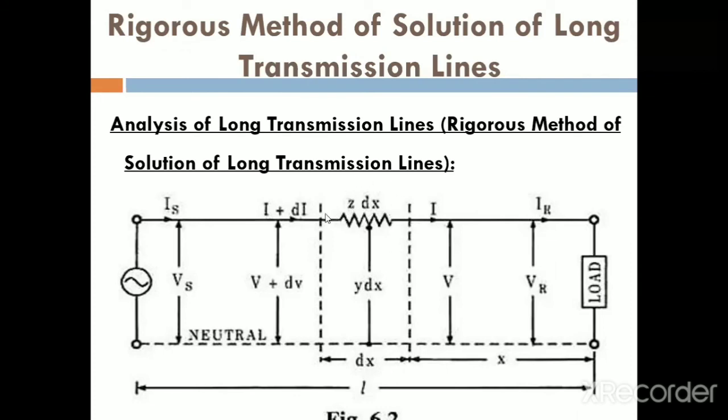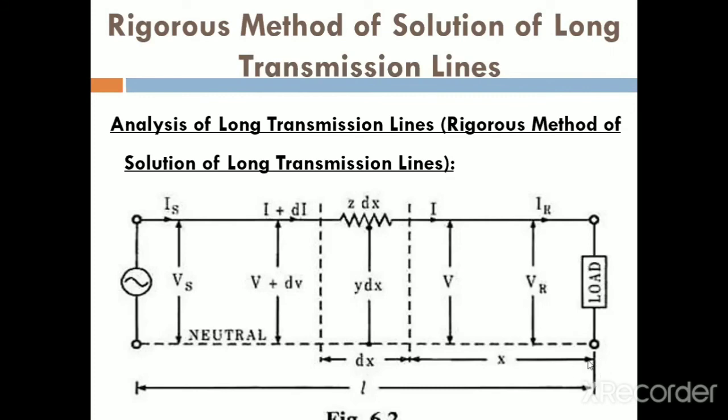In that length we calculate the effect of Z and the effect of Y. After that, we integrate these effects and obtain the total parameter effect for the total length L.